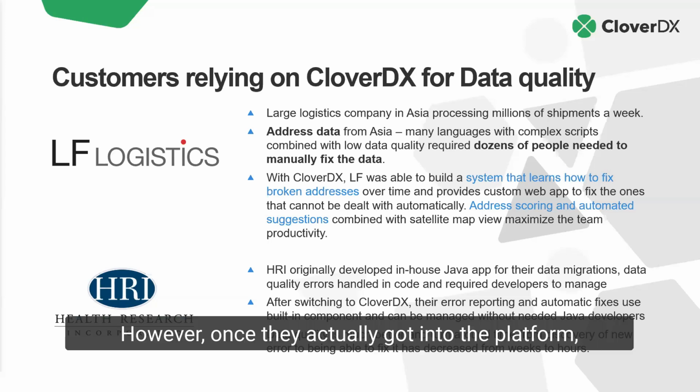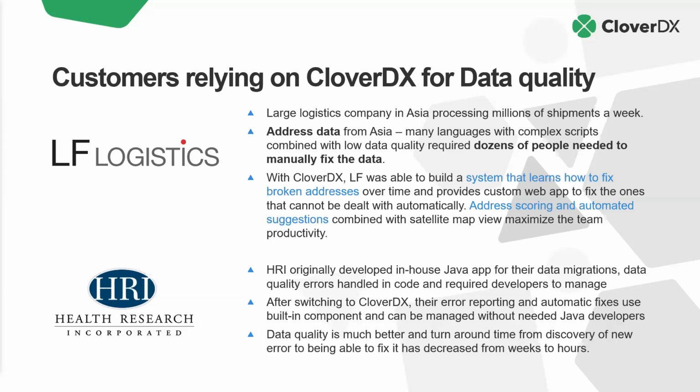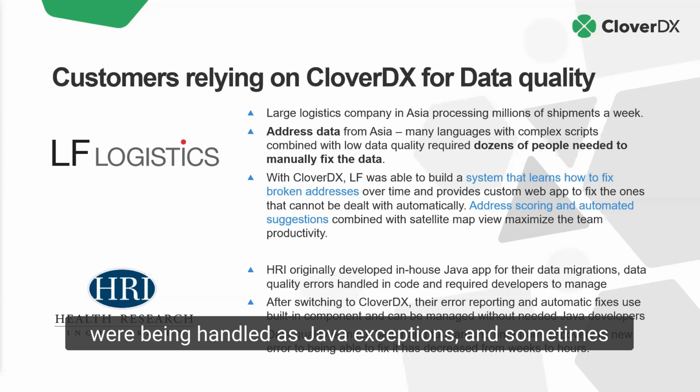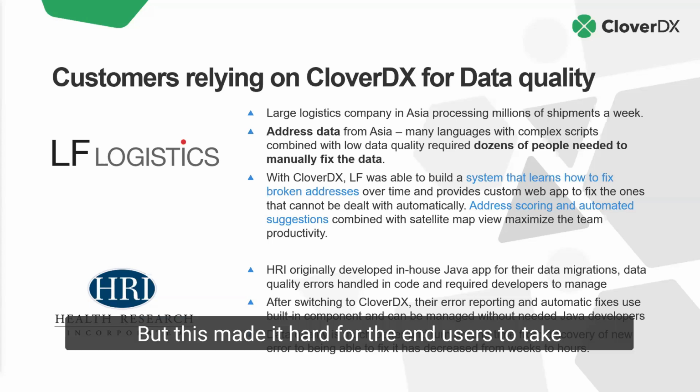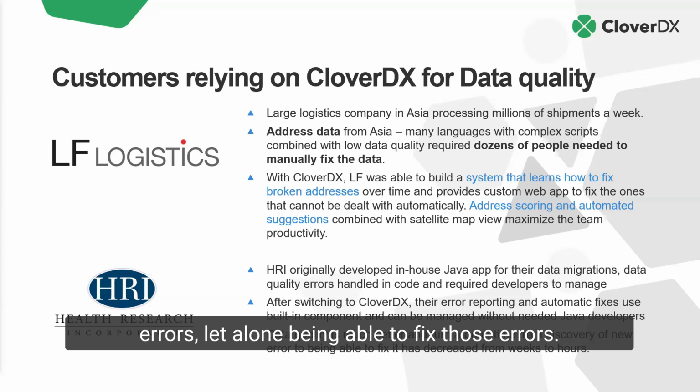However, once they actually got into the platform, they realized that they could improve their data quality immensely using our data platform. In their environment, they had data issues that were being handled as Java exceptions, and sometimes those were unhandled Java exceptions, unfortunately. But this made it hard for the end users to take a look at the errors, understand what's going on with the errors, let alone being able to fix those errors.